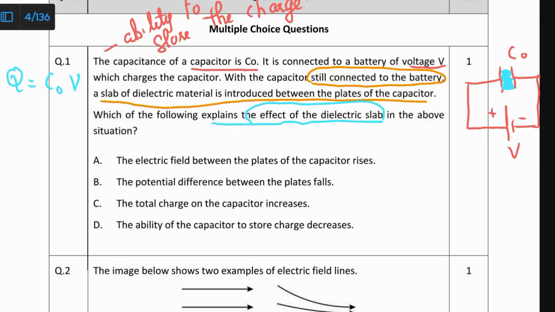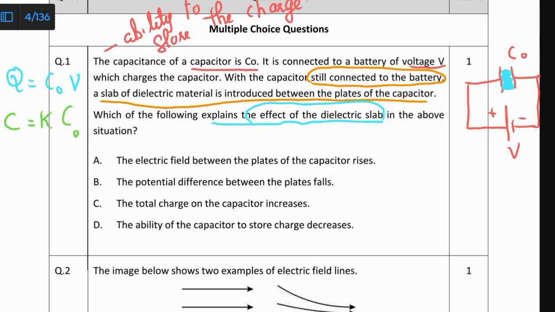And as you know, when you introduce a dielectric in between the plates of a capacitor, the capacitance is increased by K times, isn't it? What does K stand for here? K is the dielectric constant, and the K value should be greater than 1.